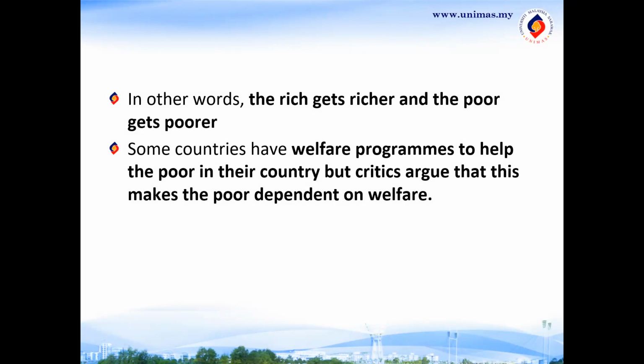Walaupun welfare itu diberi untuk membantu orang yang miskin, tetapi ada juga orang yang mengkritik program tersebut kerana mereka mengatakan if we provide welfare, then the poor will not make effort to improve their own life.